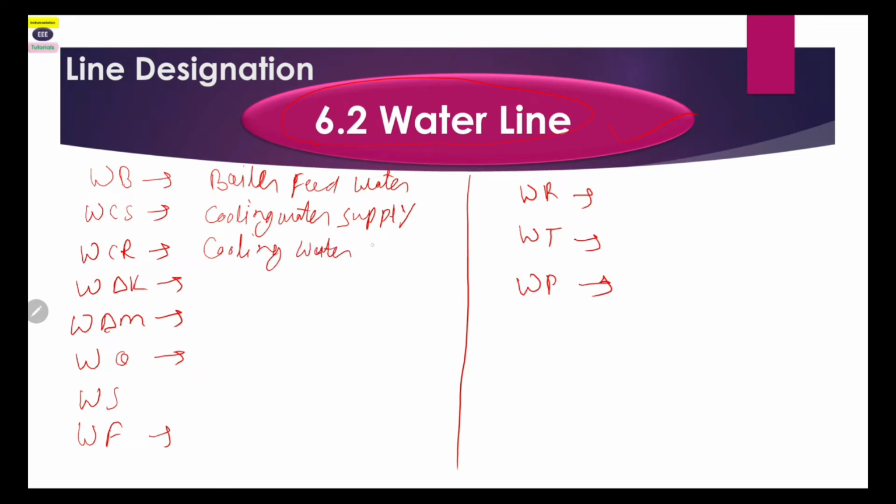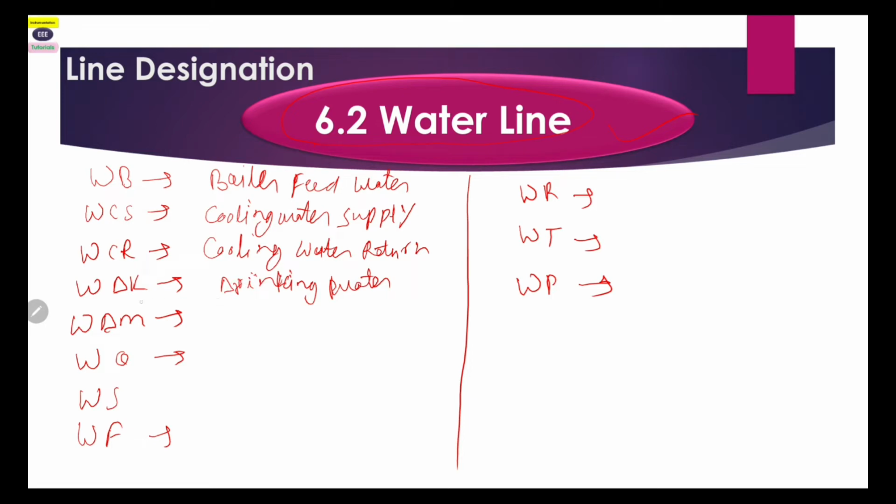So when your water goes to reduce the temperature of the process, it will also come back and return to the same tank or vessel, where the water will have some increased temperature, but it will return to the same header. WDK is drinking water, because in your refinery or in your oil and gas or power sector, drinking water is also very important, because humans also work there, so they require drinking water.